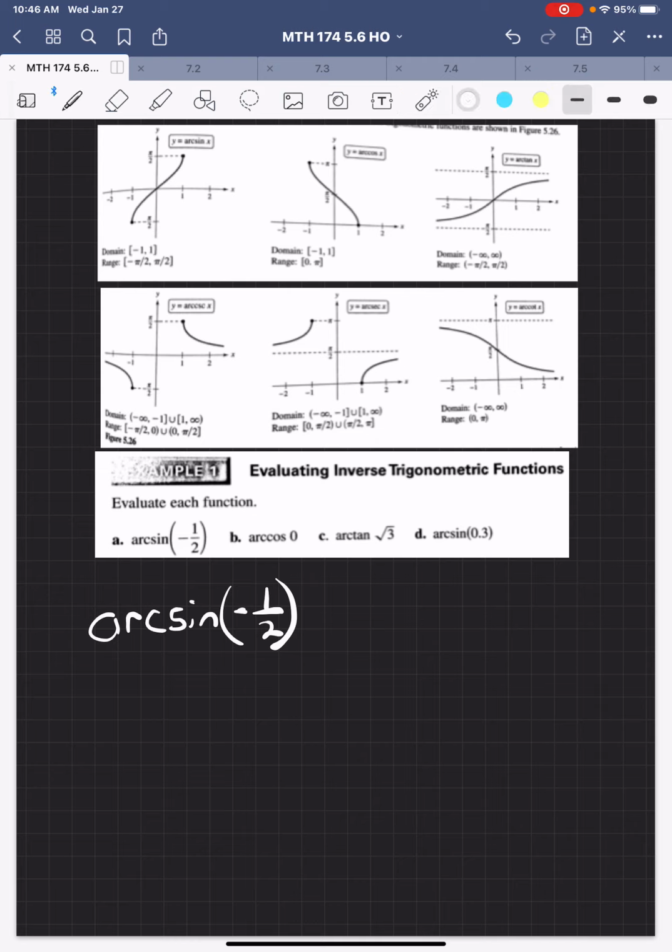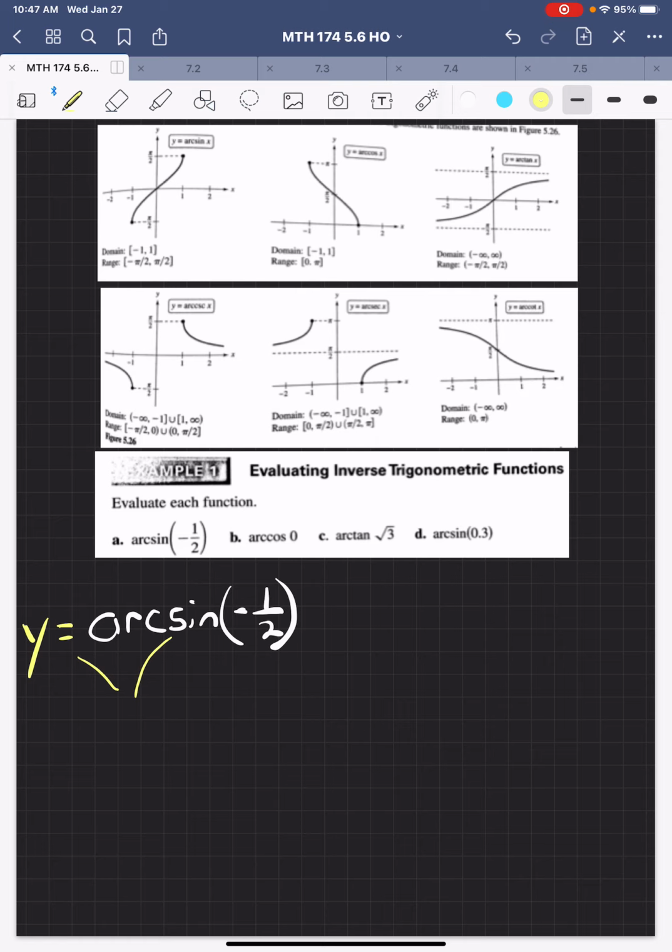So just in case it's been a while, let's translate this. Let's say arcsine of -1/2 equals something. We don't know what that something is yet, so we're going to call that something y. Now, because you want to be able to grab your unit circle and look up this answer, let's go back to sine.